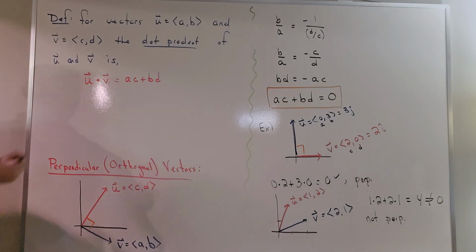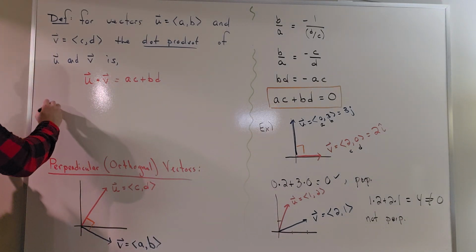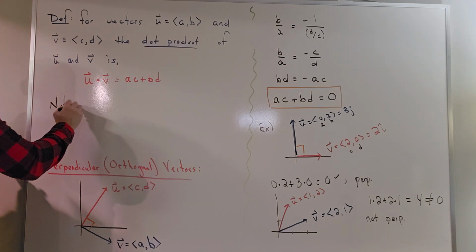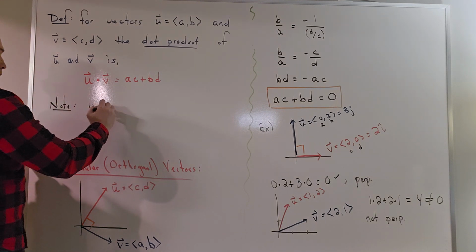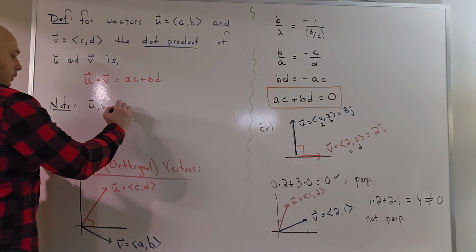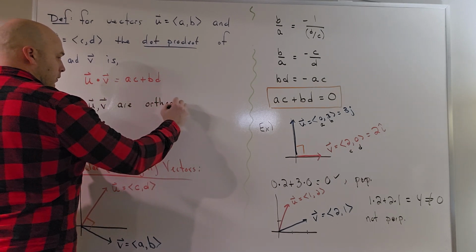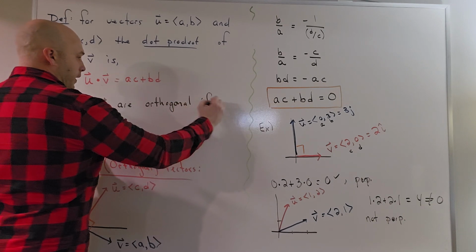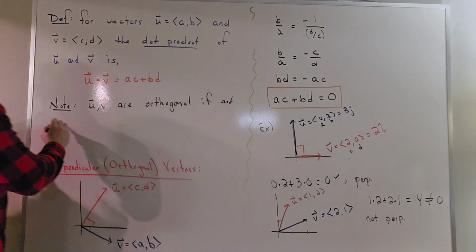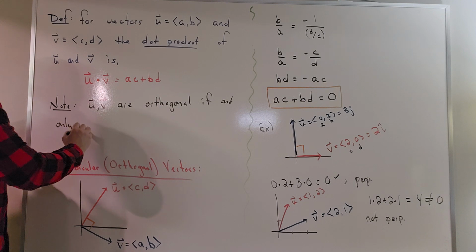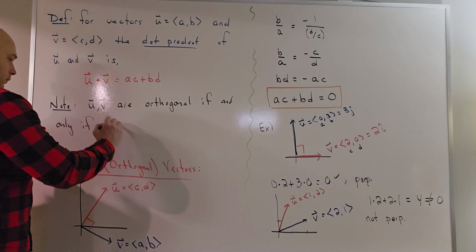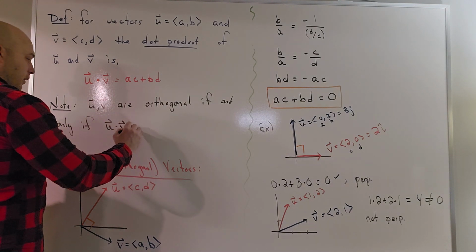One immediate consequence of this is the following. Note, U, V are orthogonal if and only if u dot v is equal to 0.